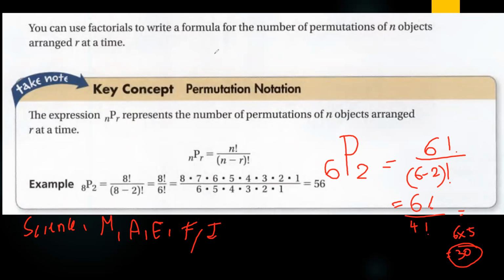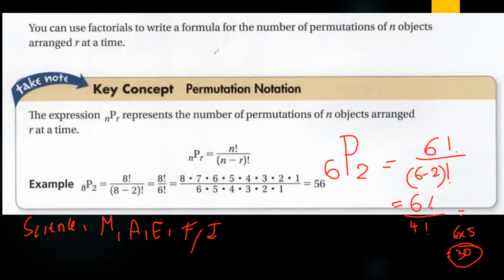These are the 6 books you have. Now you want to read 2 of them. What are the 30? Science and math, this is 1. Science and Arabic, this is 2. Science and English, this is 3. Science and French, this is 4. Science and Islamic, this is 5. So now I have told you 5 choices, and so on.